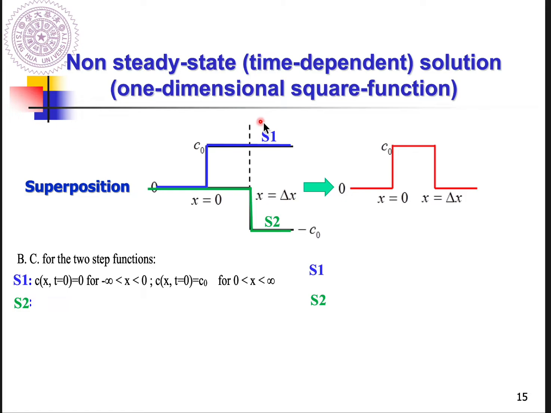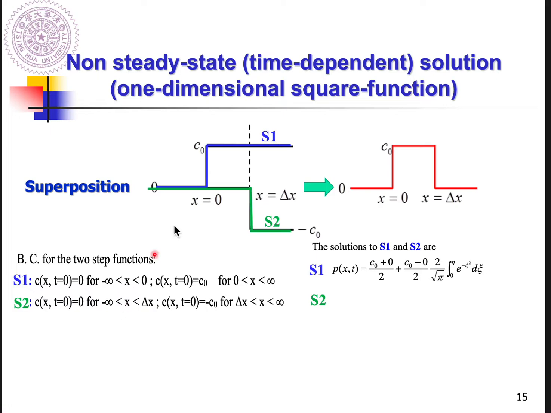The solution for S1 is (C0 plus 0)/2 plus (C0 minus 0)/2 times the error function of iota, with the lower and upper limits 0 to iota. And for S2 here, you can also formulate the boundary condition.